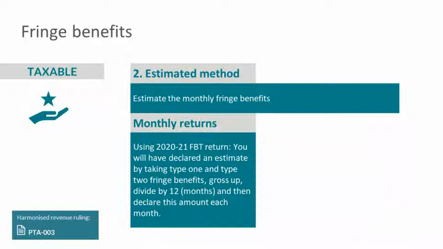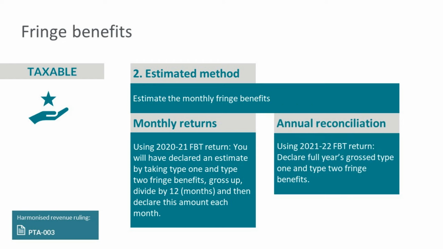This amount is used to declare a monthly estimate of your FBT as you move through the financial year. When you lodge your annual reconciliation, you will need to include the taxable value for payroll tax purposes of fringe benefits declared in the fringe benefits tax return submitted to the ATO for the year ending 31 March.